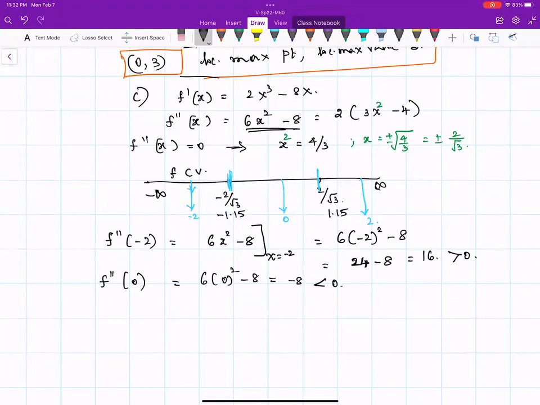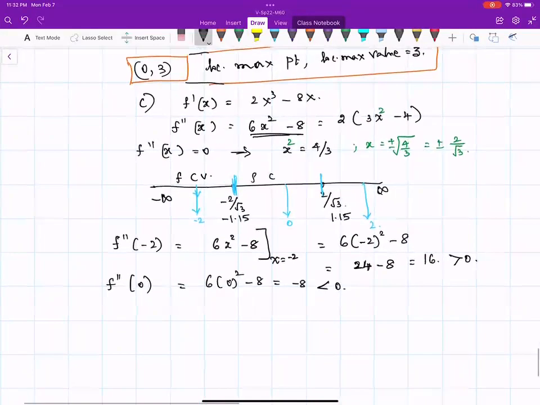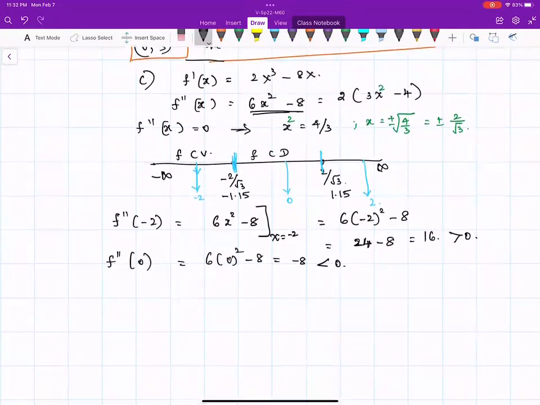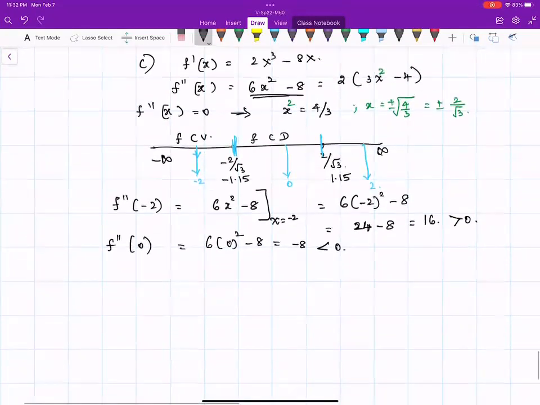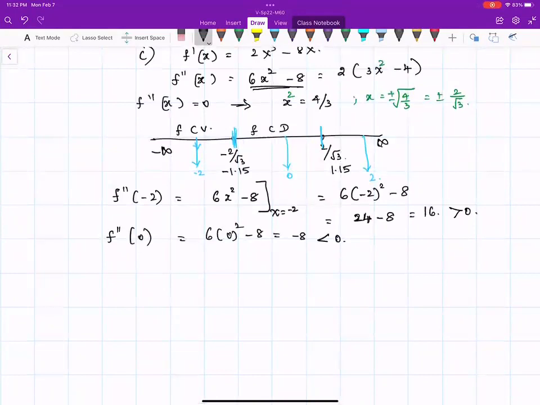If the second derivative is negative, it is concave down in that interval. Now you have to pick a value to the right of 2 over radical 3, which is more than 1.15. We can pick 2. F double prime at 2 equals 6 times 2 squared minus 8. So 24 minus 8 is a positive 16, so f is concave up.